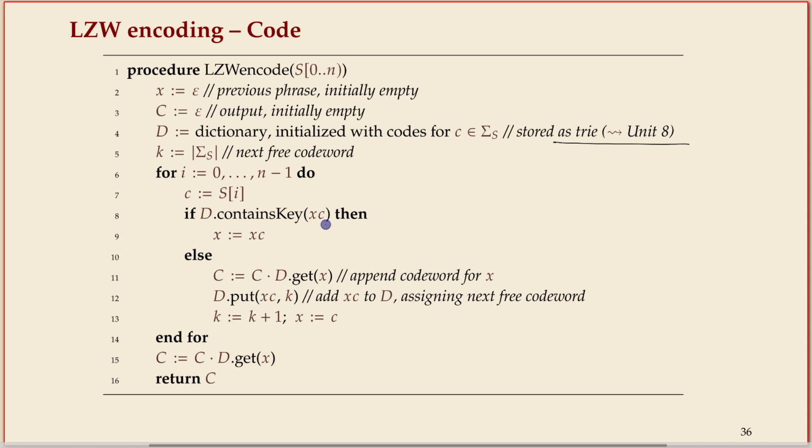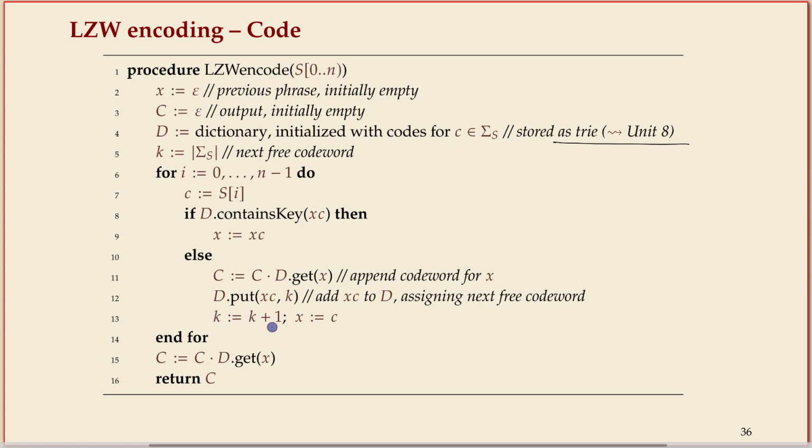Once we have a mismatch here, so we haven't found anything longer in the dictionary before, then we take what we currently have. We take the code word for that and add that to the output. So that's just saying append in string notation. And we add the new thing to the dictionary. That's this part. We take X and new character C, and we add that to the dictionary.